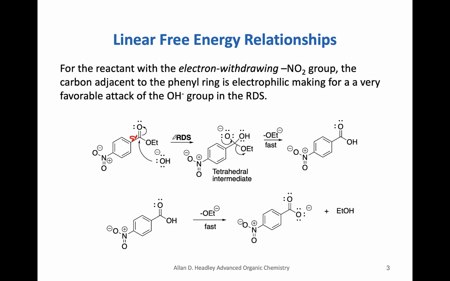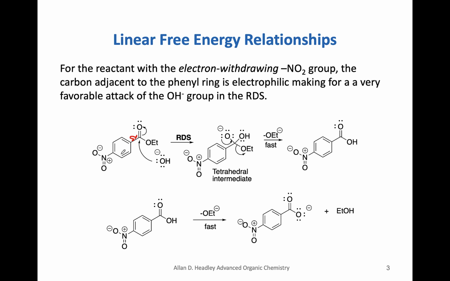So with this OH coming in here, it forms this tetrahedral intermediate here. I should point out here that this nitro group here is making this carbon here even more positive than if it were not there. We'll see that in a second.